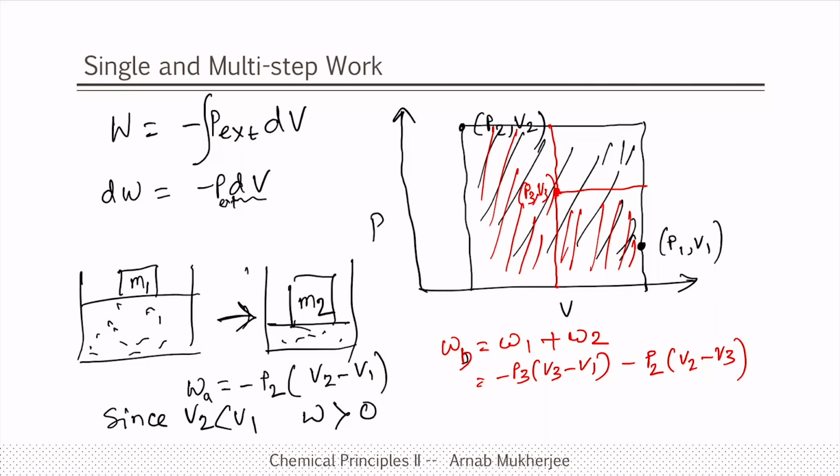Now, is W A bigger or W B bigger? Look at the graph, which is bigger. W A was the black shaded region, W B is the red shaded region. So, W A was bigger and W B is smaller than W A. So, you see that instead of going in one step, if I take two steps, the work required to achieve the same state is smaller.